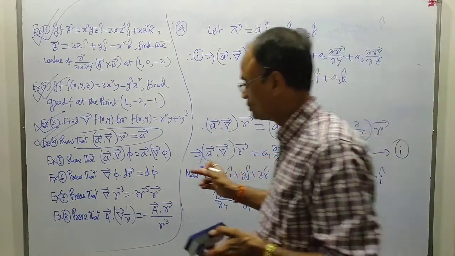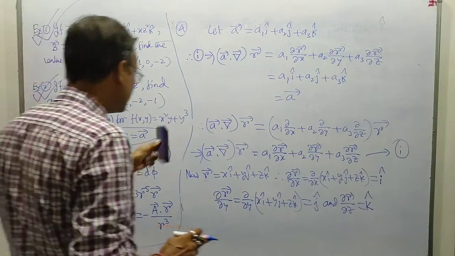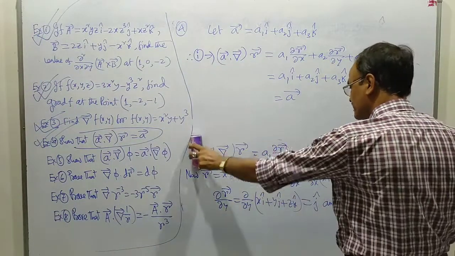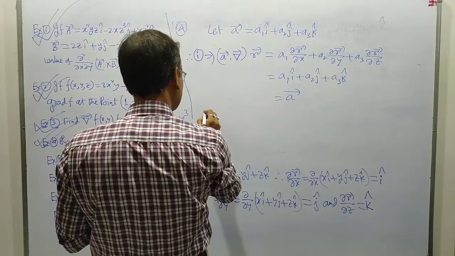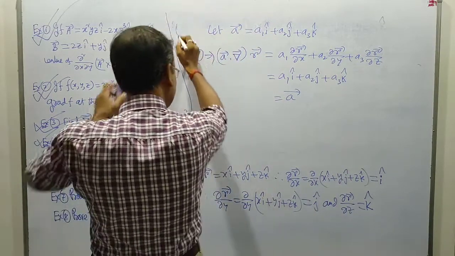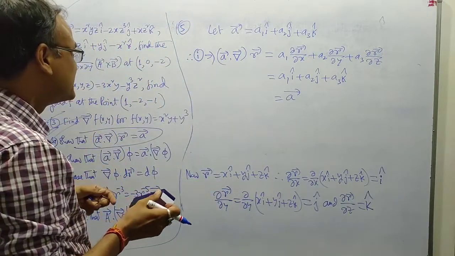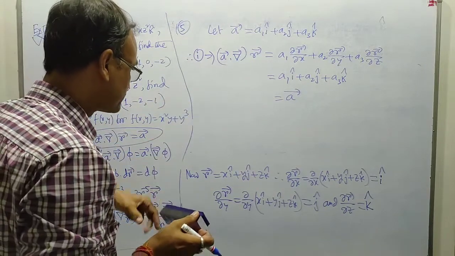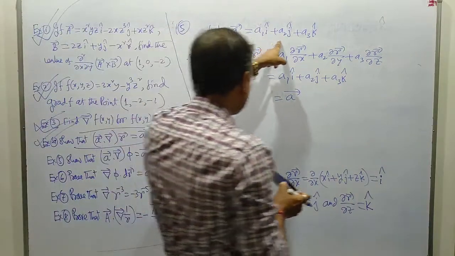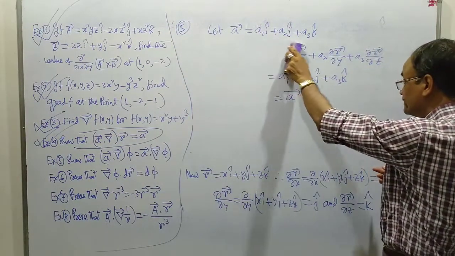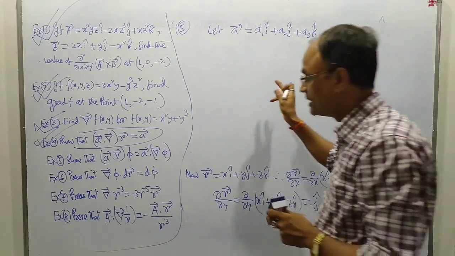Now try to prove number 5. Let a vector be equal to a1 i cap plus a2 j cap plus a3 k cap.